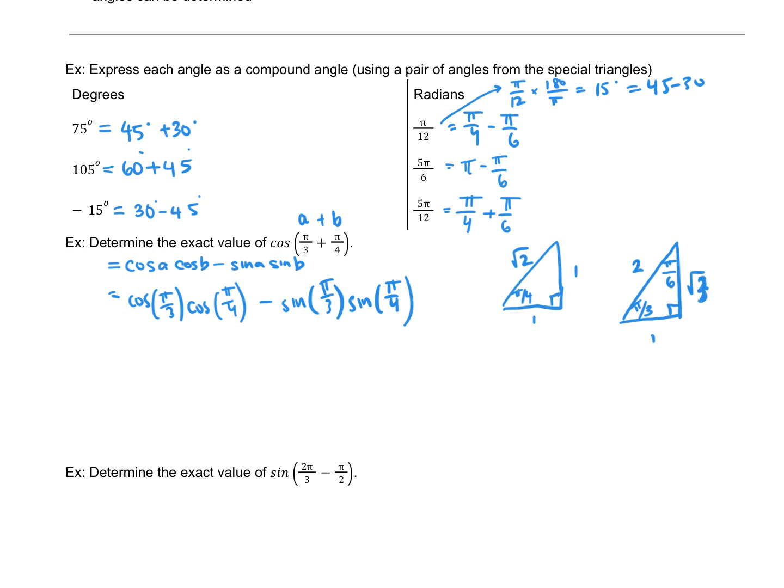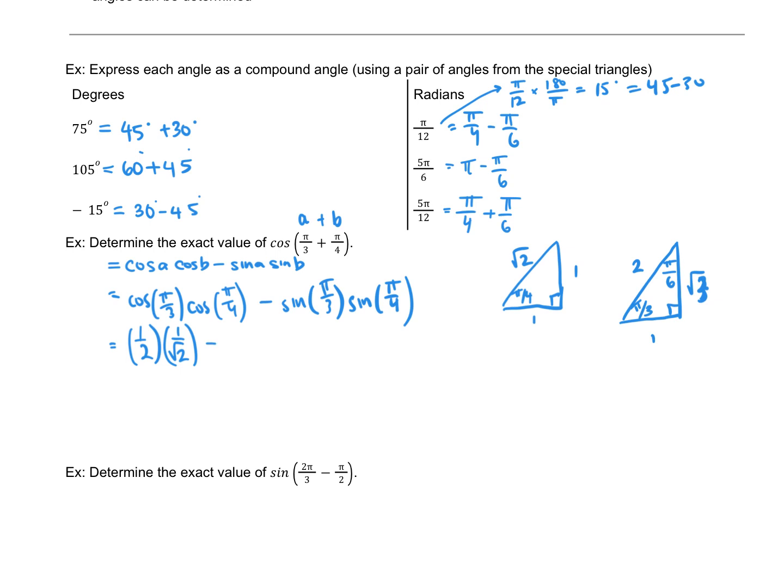Cos pi over 3, looking at my special triangle, adjacent over hypotenuse from pi over 3 is 1/2. Cos pi over 4, looking at the isosceles triangle, adjacent over hypotenuse is 1/√2. Now, if you would like to clean up 1/√2 to √2/2 right away, that would be great. If not, we'll do it in 2 steps.